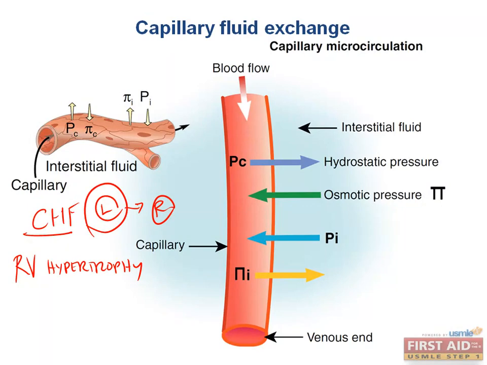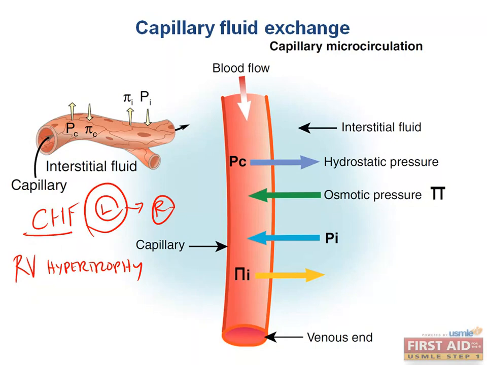Remember that the edema in the pulmonary vasculature, hence pulmonary edema, is caused by the backup of blood and pressure into the pulmonary vasculature, and this causes hypoxic vasoconstriction, which will put a lot of strain on that right ventricle because normally the pulmonary vasculature is a very low resistance circuit, so the right ventricle does not have to work that hard. But we have changed that due to our left side heart failure.